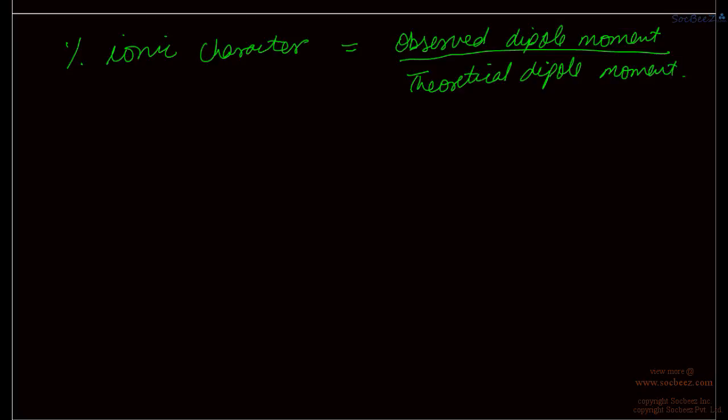So this expression gives us the value of percentage ionic character. Now, one thing that you should keep in mind is that lone pairs have their own dipole moment or their own polarity. Okay, so let's discuss an example.